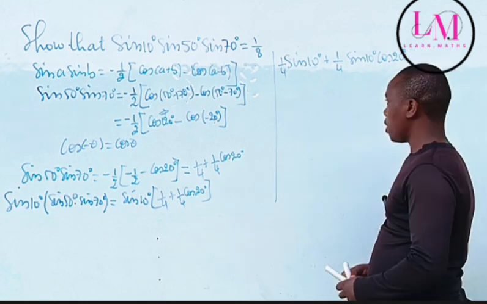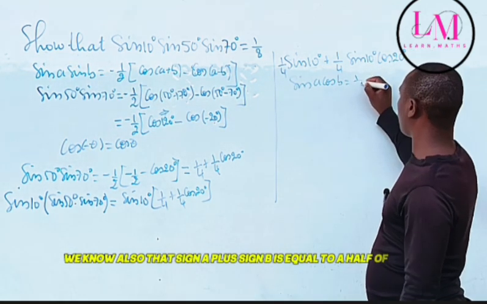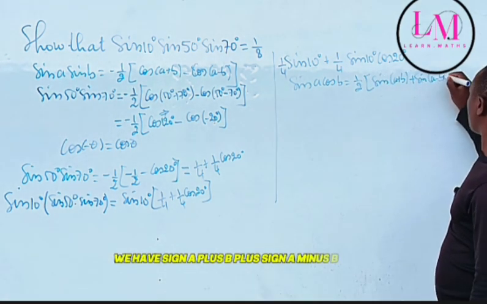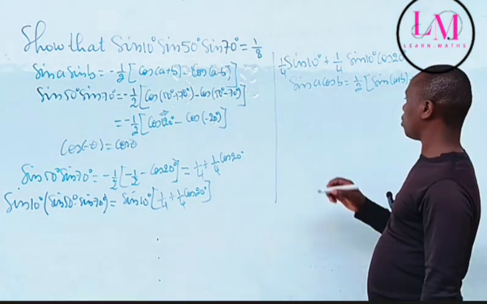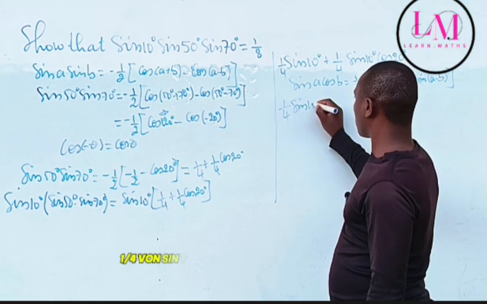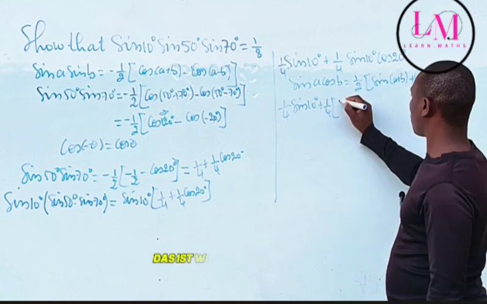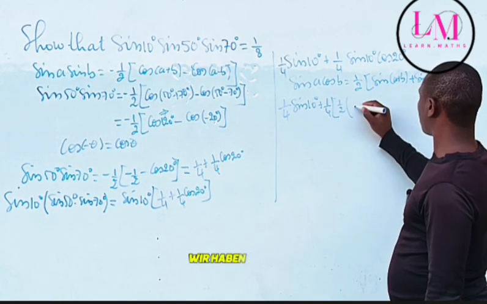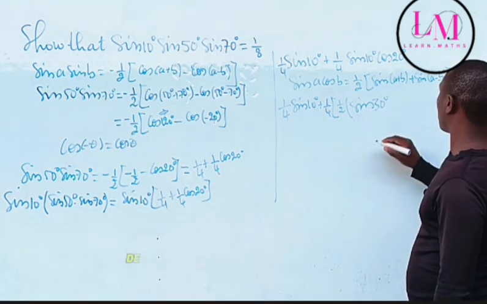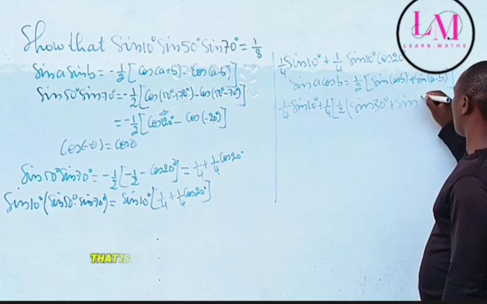We know also that sine A cosine B is equal to a half of sine of A plus B plus sine of A minus B. So from this we have a quarter of sine 10 degrees plus 1 over 4 times a half of sine of 10 plus 20, this is 30 degrees, plus sine of 10 minus 20, that is minus 10.